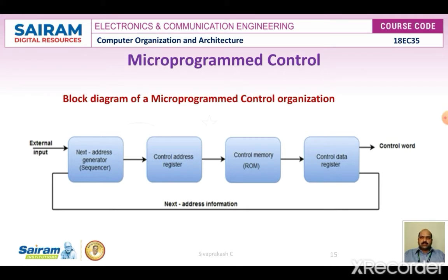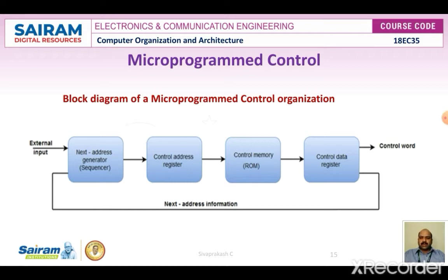Microprogrammed control. The microprogrammed control organization is implemented by using the programming approach. In microprogrammed control, the micro operations are performed by executing a program consisting of micro instructions. The block diagram of the microprogrammed control organization is shown here.